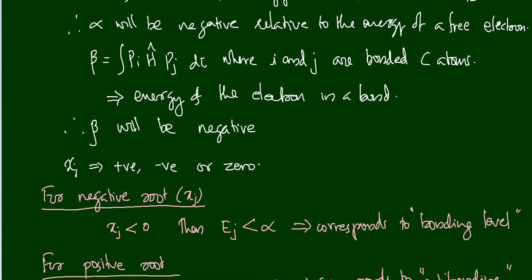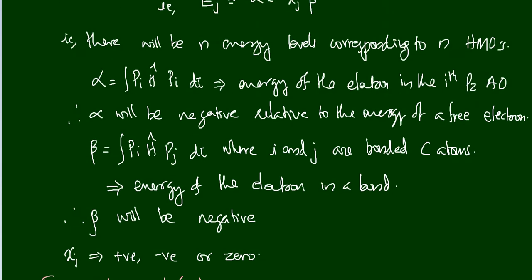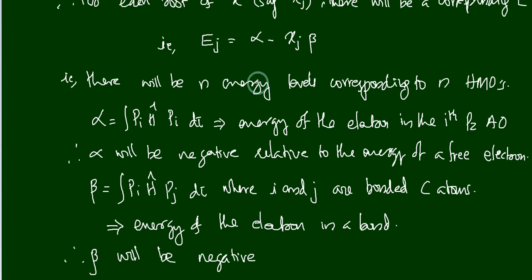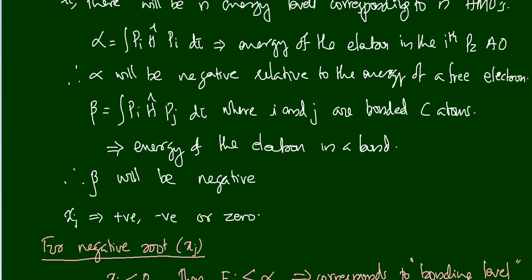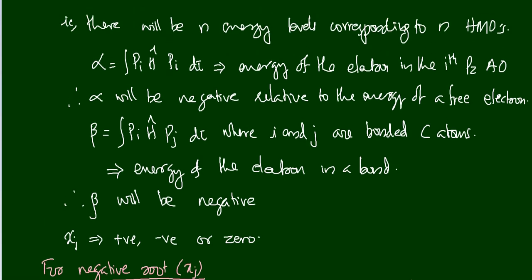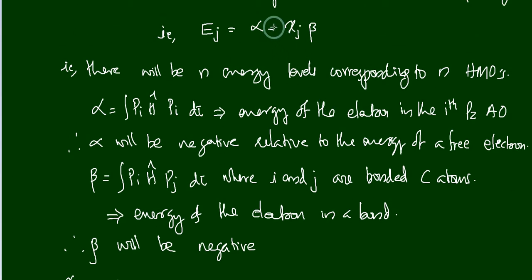Okay, that corresponds to the bonding level. We can see the relation between ej and xj. ej is equal to alpha minus xj into beta. Here alpha is already negative, beta is already negative. So if xj is also negative, then minus xj into beta is negative into negative, which is a positive quantity.